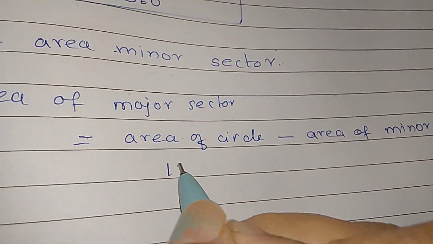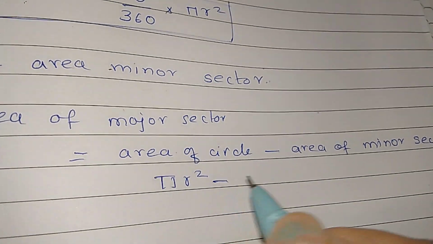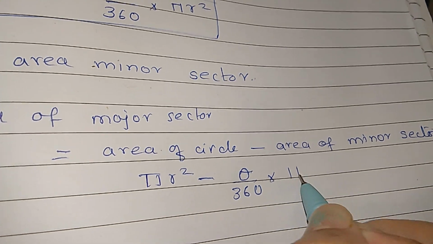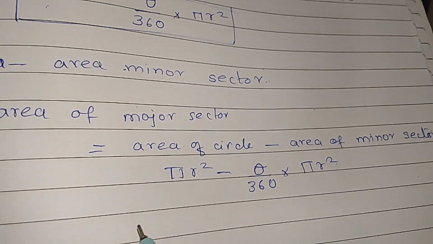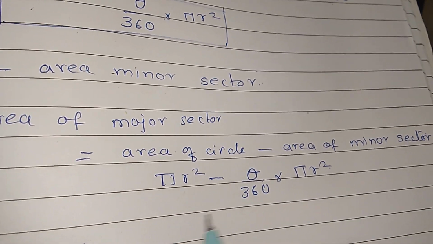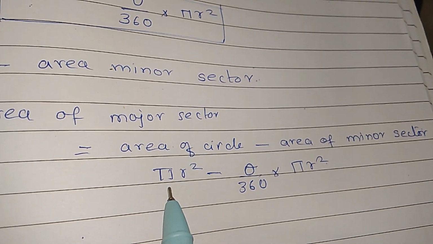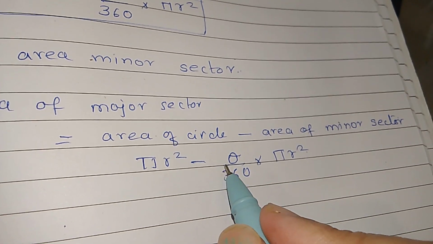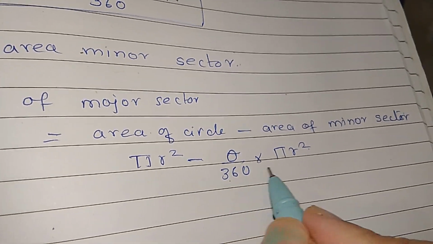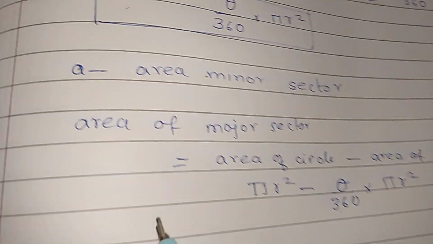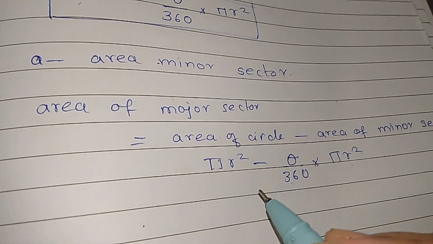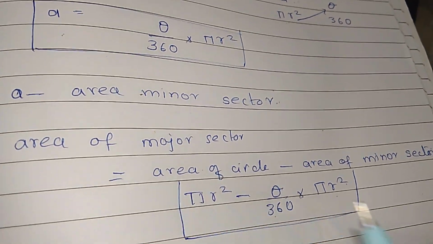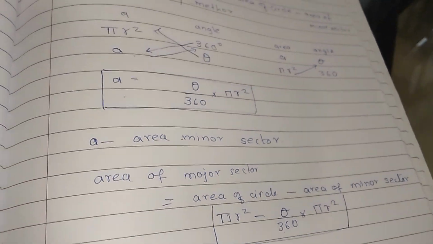So this is pi r square and this is theta by 360 into pi r square. Area of circle is pi r square and this is area of minor sector, that is minus theta by 360 into pi r square. So this is the area of major sector. So it is easy. Thank you.